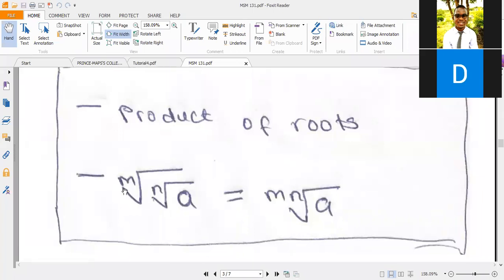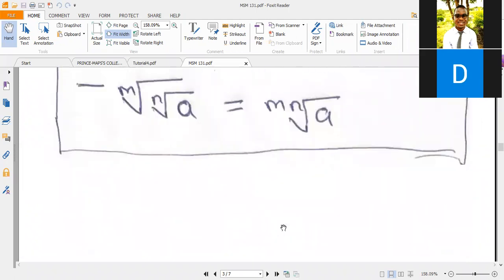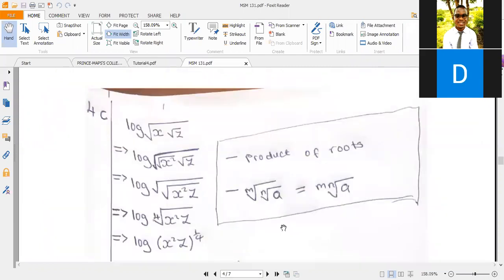If you have the mth root of the nth root of a, this is the same as you multiply the two roots and get the mnth root of a, because we want to combine what is about to be solved. In the equation we're about to solve, there is log of root of x, root of z.